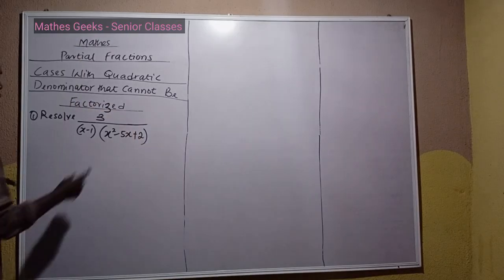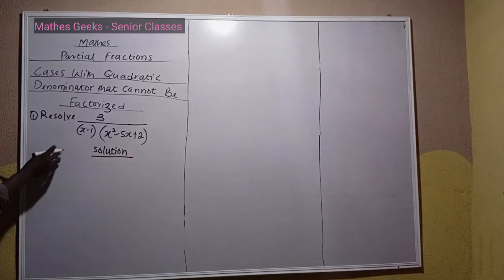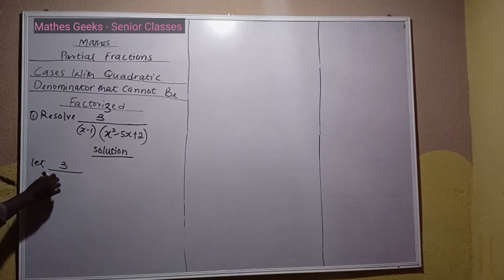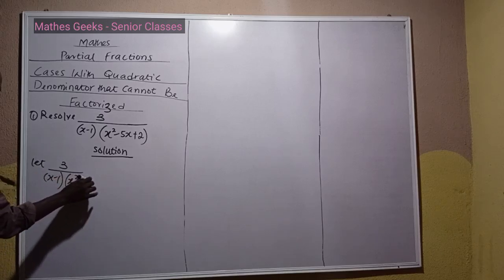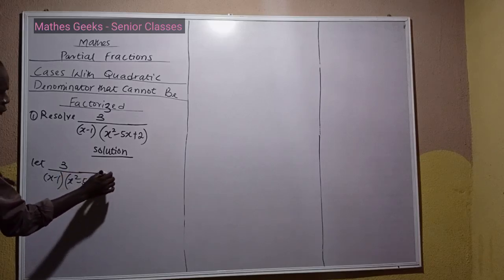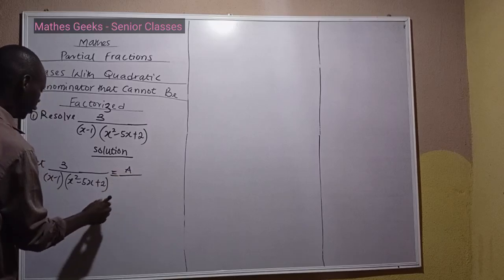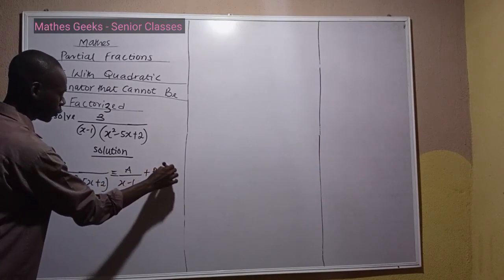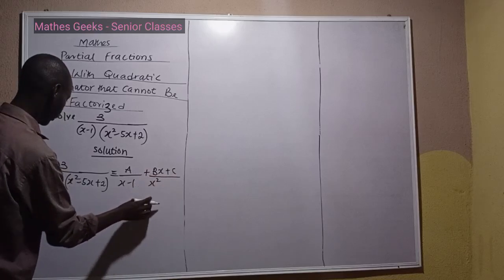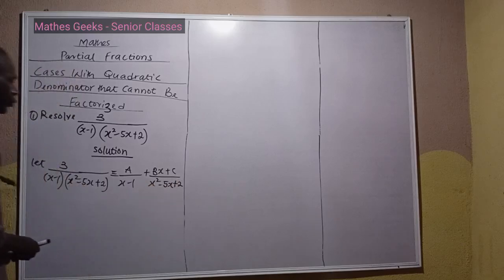So let's take this example solution. 3 is identical to a over x minus 1 plus bx plus c over x squared minus 5x plus 2.